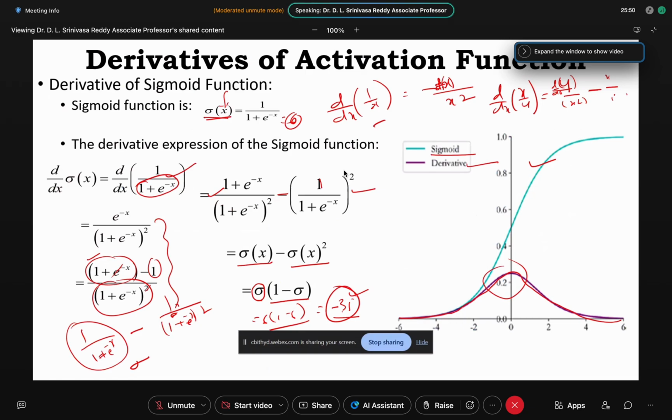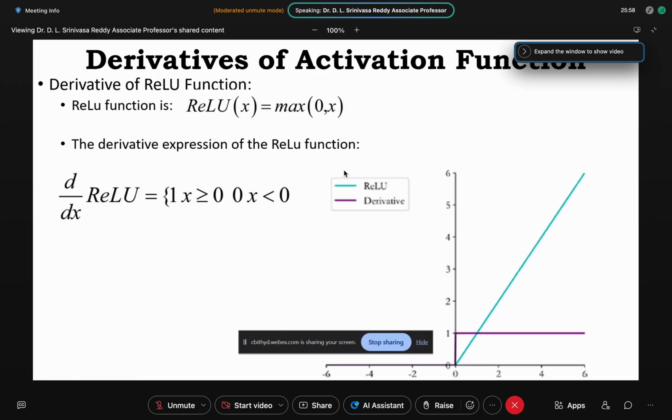So while updating your parameters, it takes a longer time to stabilize them. It is not fit for updating the parameters fast. That's why you take another type of function.